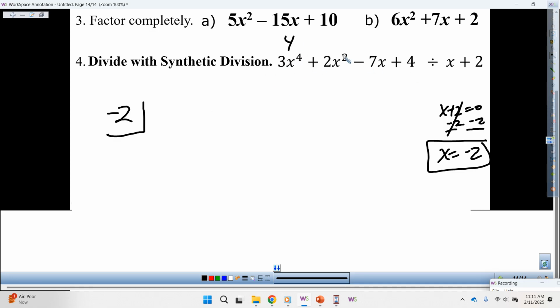However, this is 4th degree, 2nd degree, 1st degree, 0 degree. Is there a degree missing? Yeah, what is that? 3rd degree. So therefore, I write 3, 0, 2, negative 7, and 4.